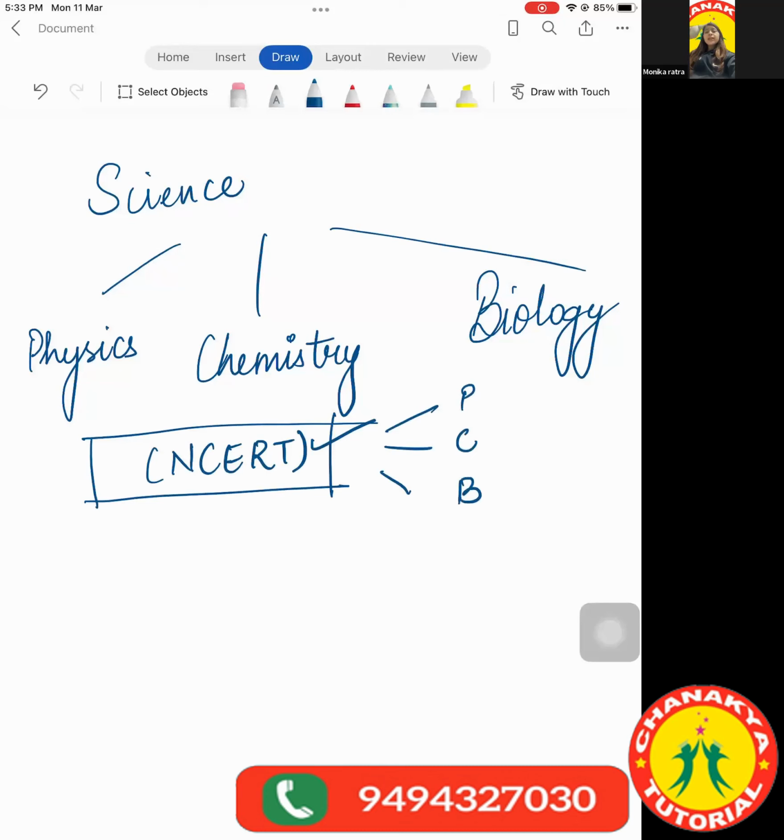But in a reference book, any book apart from NCERT, you may find physics, chemistry, and biology separately. In our schools, we start teaching physics, chemistry, biology separately from class 6th onwards. So by class 9th, everyone is very much aware of the basic concepts.